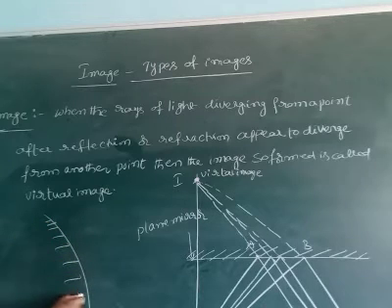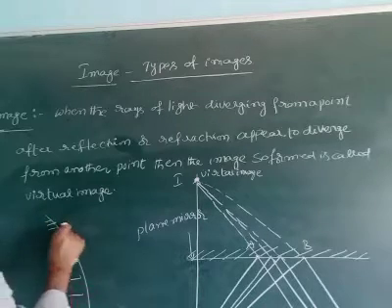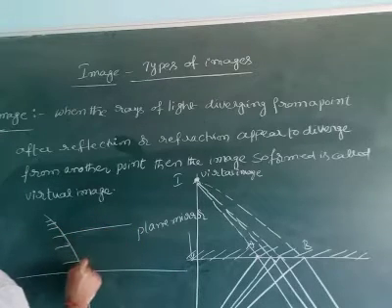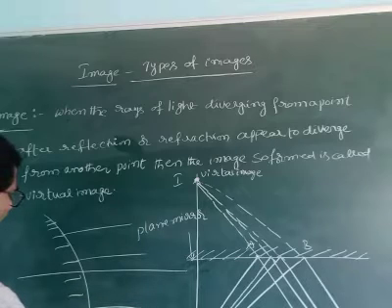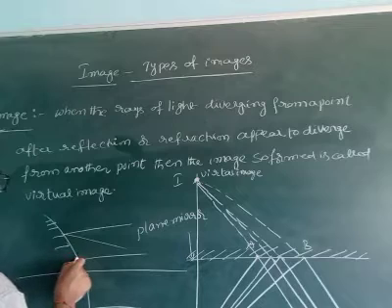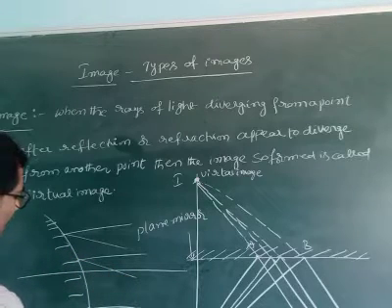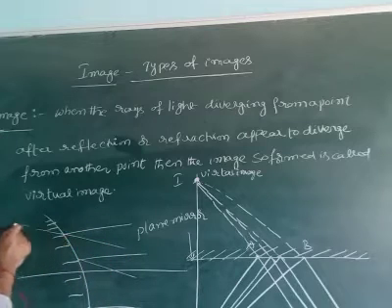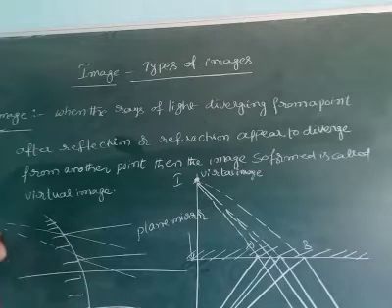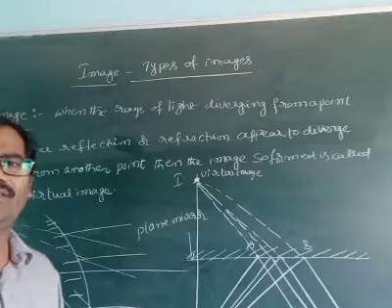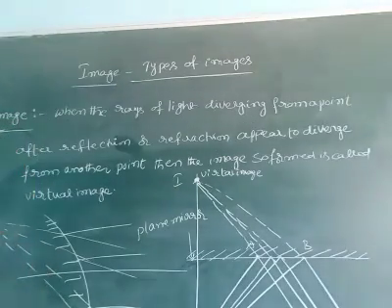These rays are incident on the mirror, they can be reflected to some other point and again meet at one point. This type of image is known as a virtual image.